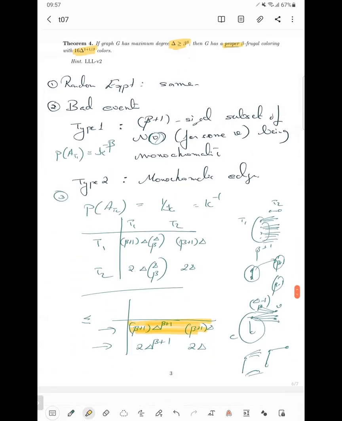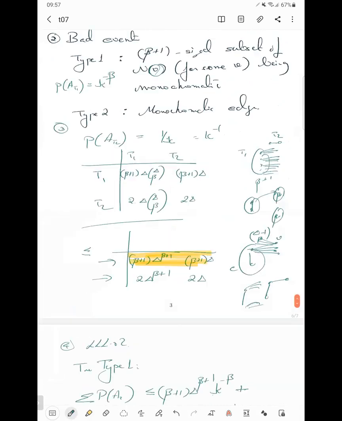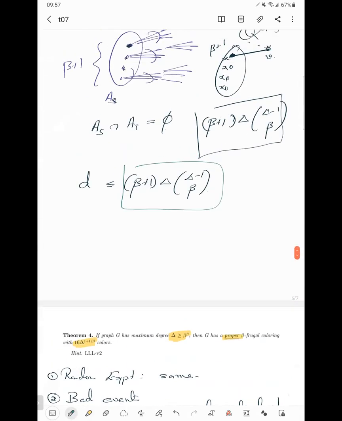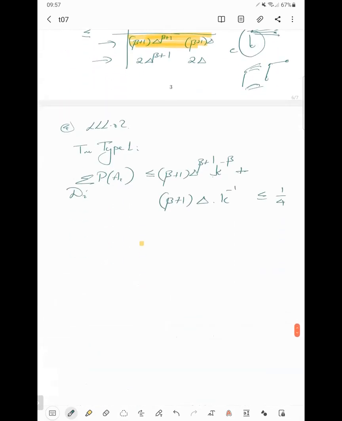Okay, so we have to show that this is less than 1 by 4, but delta is given a lower bound and k is given as 16 to the power delta plus 1 by beta.